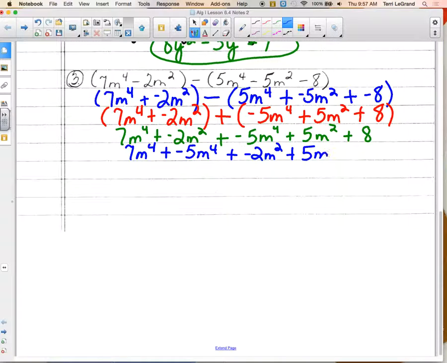If you had 5 terms after you drop the parentheses, you should have 5 terms after you rearrange it. It's incorrect.